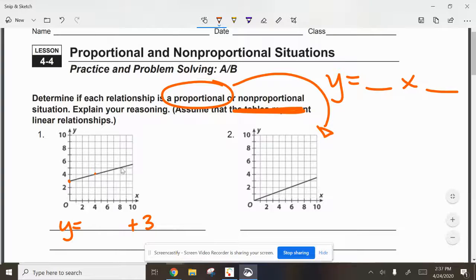If you kept going, the same pattern, there's your other point. So what are we doing? Are we rising 1 and running 4? Rising 1, running 4. If we kept going with the pattern, it'd be doing the same thing. How would you write that? Rise 1, run 4. And there is your slope-intercept form of the linear equation.